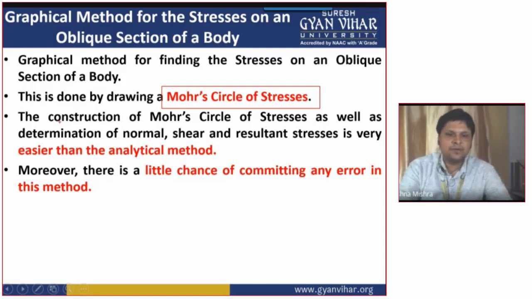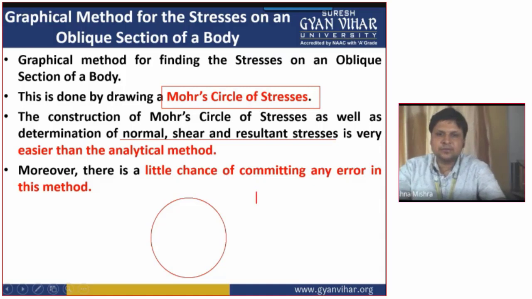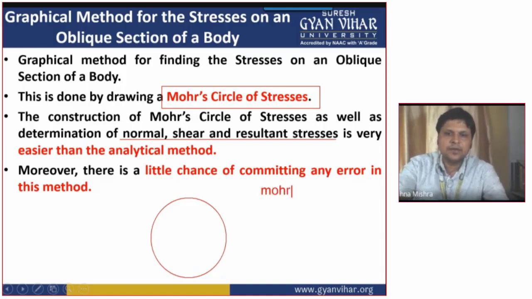You will see when I teach you how to draw the Mohr circle, students, that the construction and calculation of normal, shear and resultant stress through it is very easy.